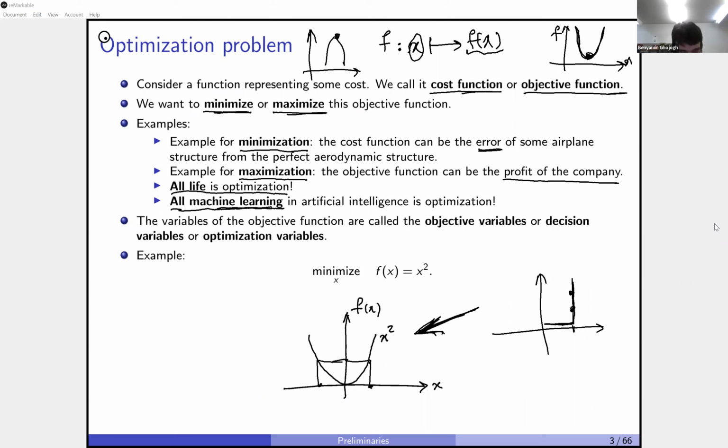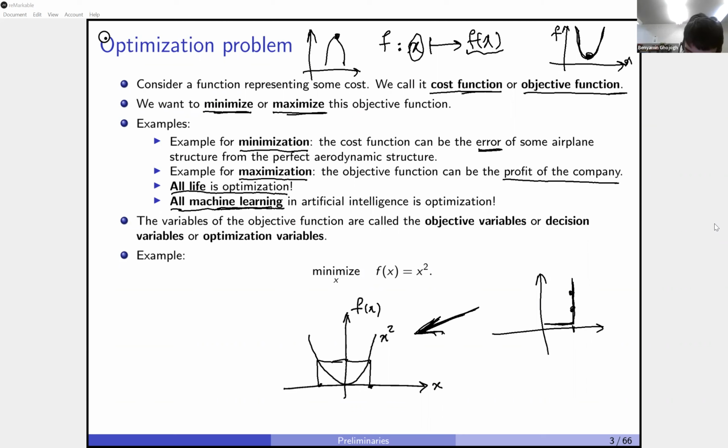So as I said, all machine learning or artificial intelligence is optimization. Again, as artificial intelligence is optimization, intelligence itself, or life itself, is also optimization. And as you can see, artificial intelligence is imitating or mimicking the intelligence itself. That's why both are optimization.